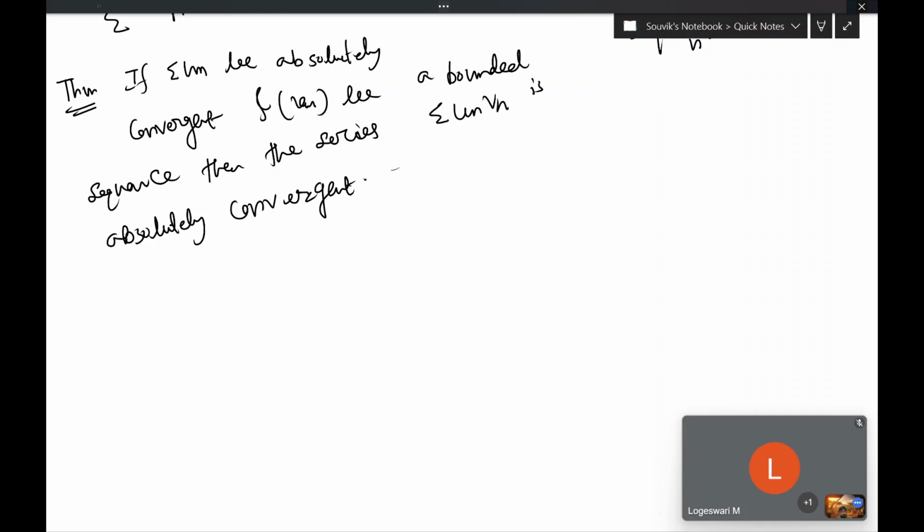So some examples, which are applications of the previous theorem, are the following.